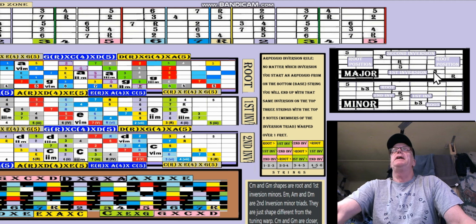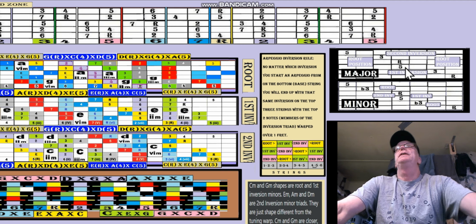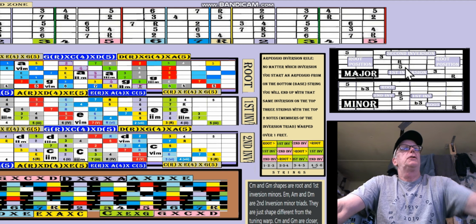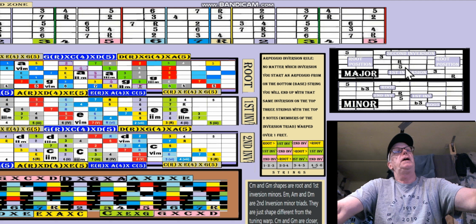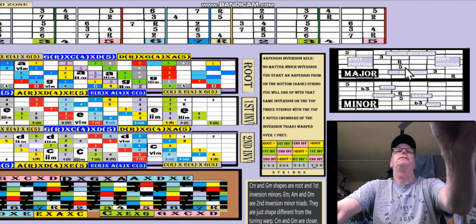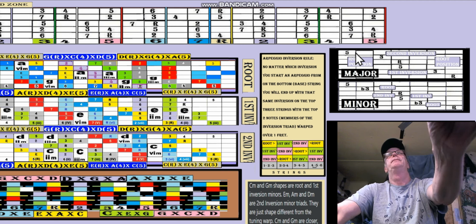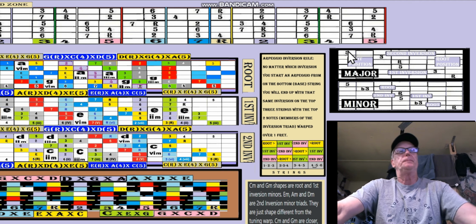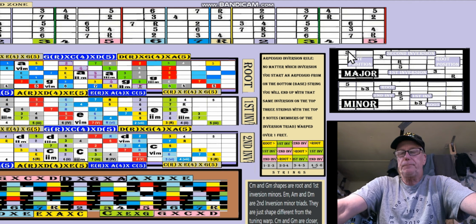We've got the major scale, inversions, and intervals. Intervals are in between notes. An inversion is an arrangement of a chord: root 3-5, 3-5 root, 5 root 3, and root 3-5 up top again.